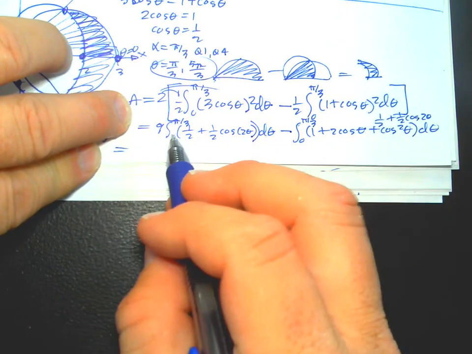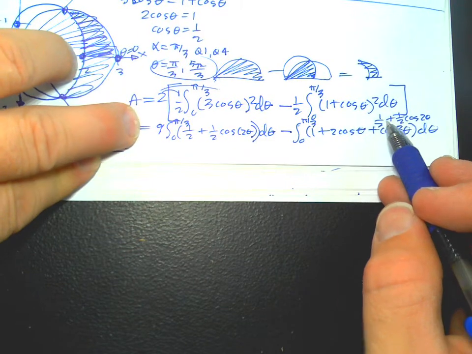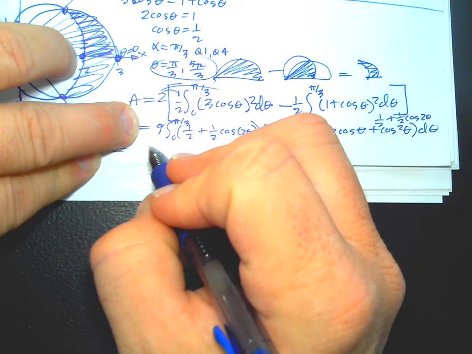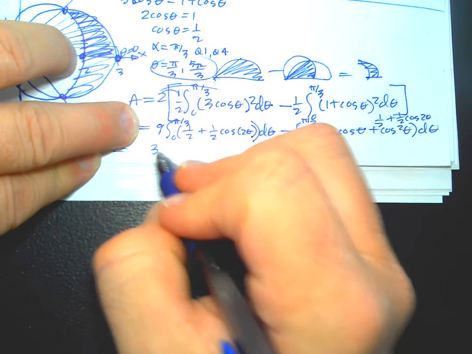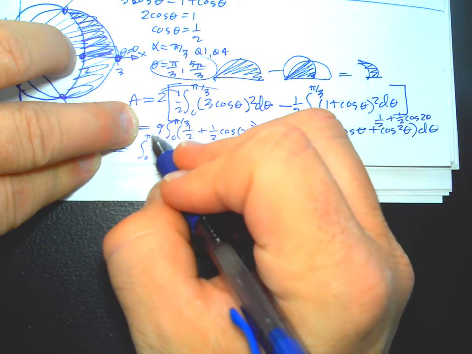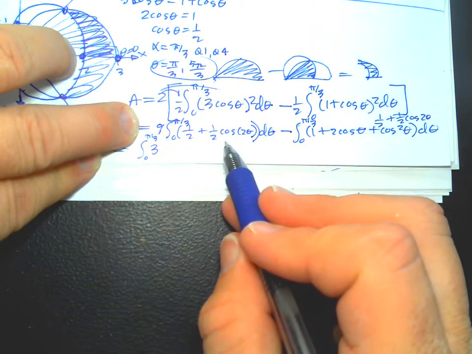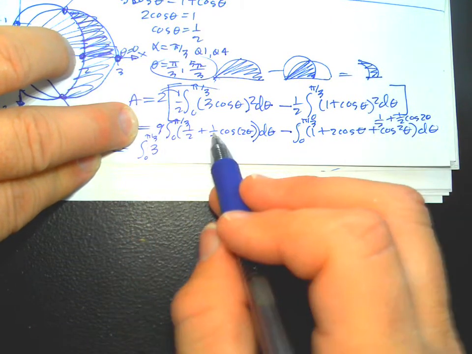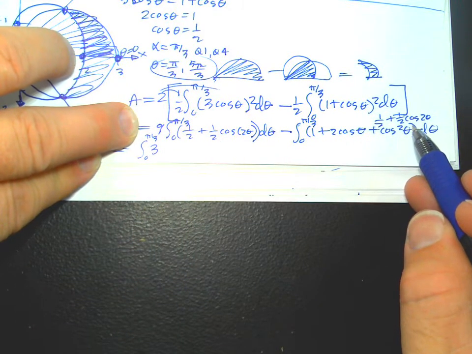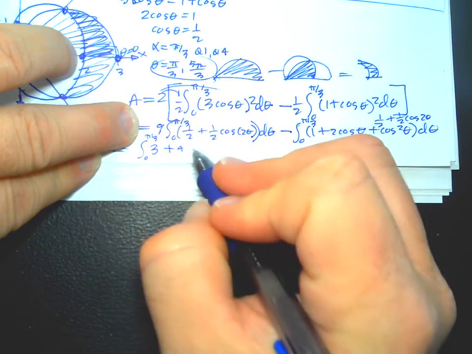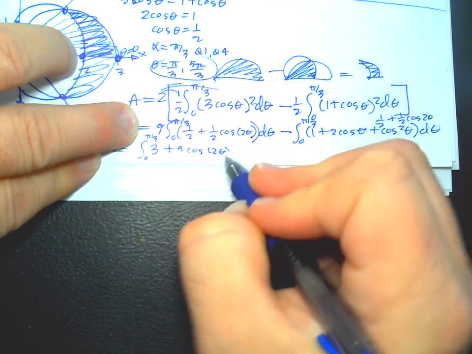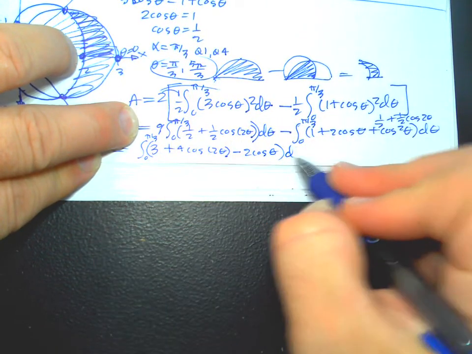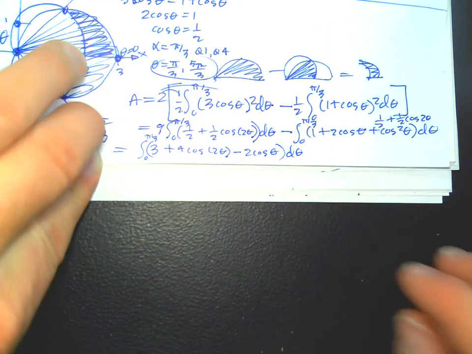So there's 9/2 minus 1/2, which is 4. And then we have that. You could do this, you don't have to, but it kind of combines everything together a little nicer.